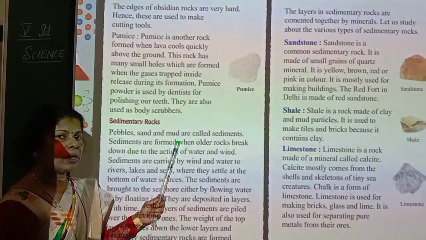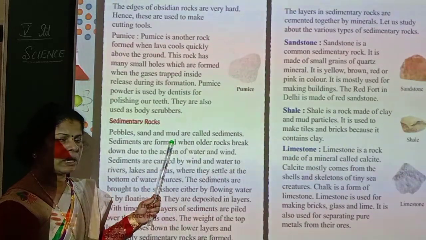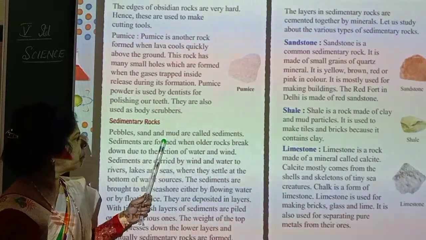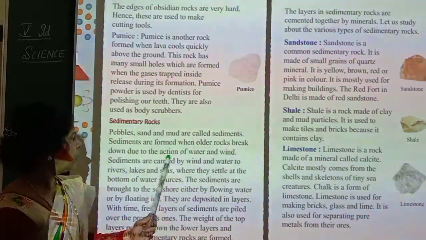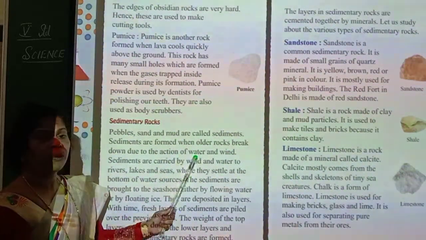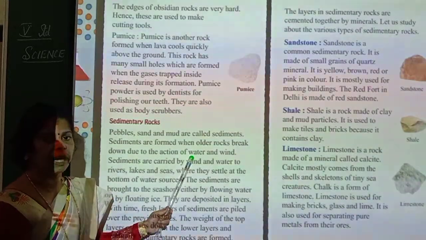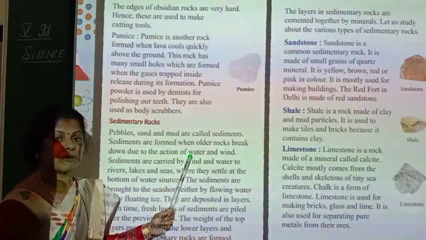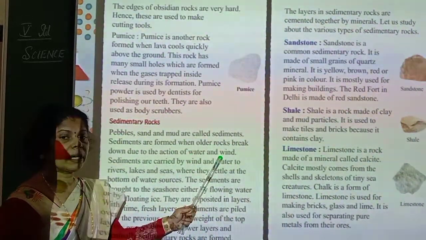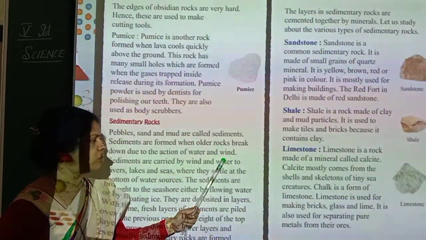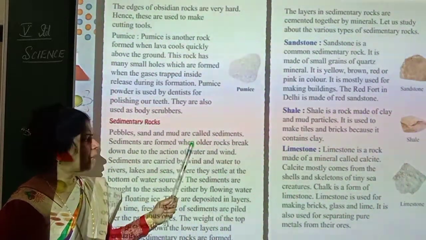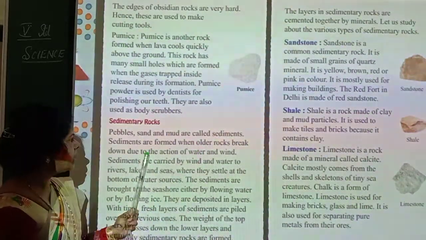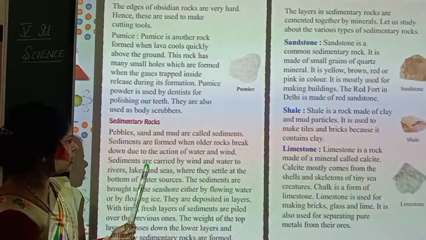When there are old rocks, which have been there for thousands of years, they start breaking. How do they break? Because of the action of water, when there is heavy rainfall and flow of water, and when the wind blows, these older rocks start breaking down. Understood? And that is how sedimentary rocks form.